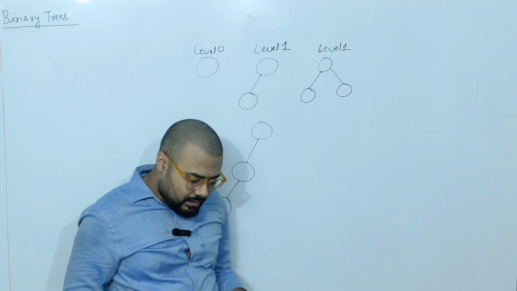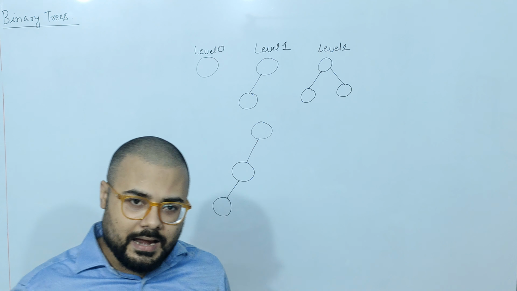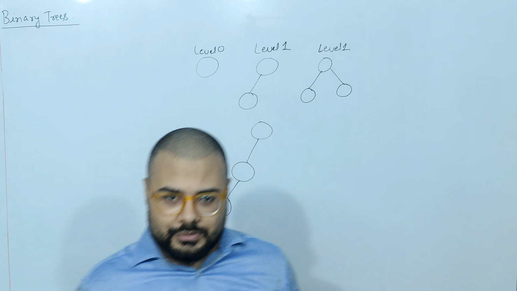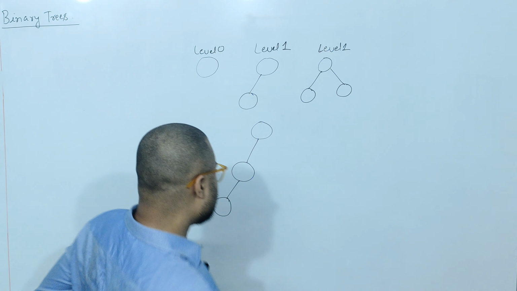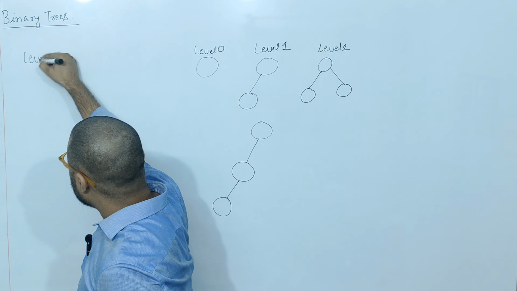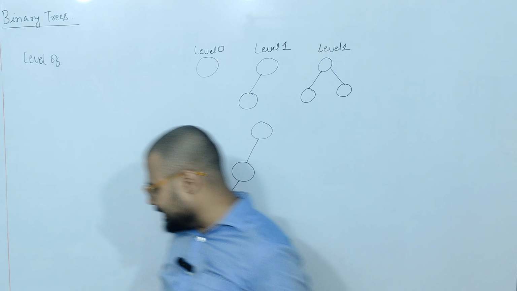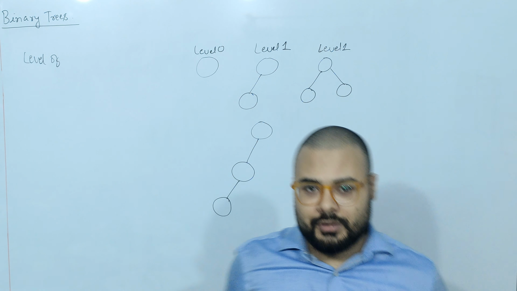So the level of the tree will increase when you add a node to a leaf at maximum depth, or maximum level. Upon adding nodes, the level will either remain the same or it may increase by 1.